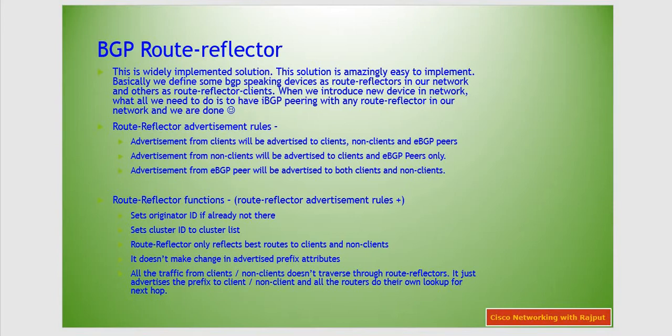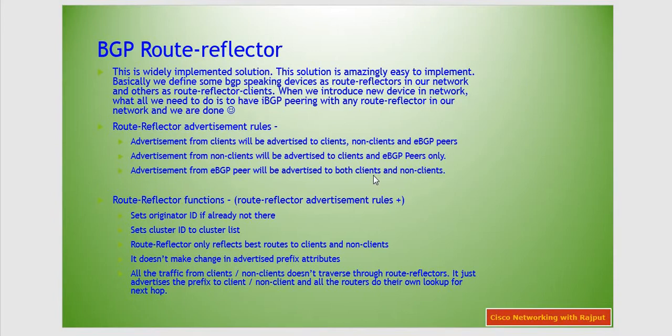If one non-client gives some prefix to the RR, the RR will follow the BGP rule of split horizon and will not relay the information to another non-client. So the split horizon rule will only apply to non-clients.